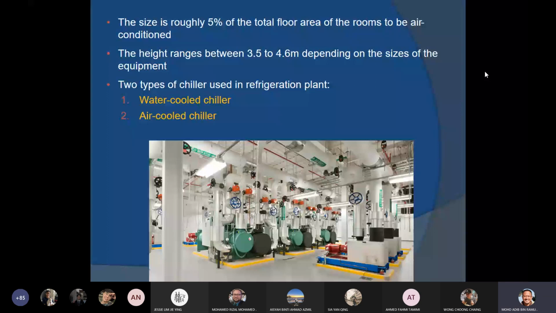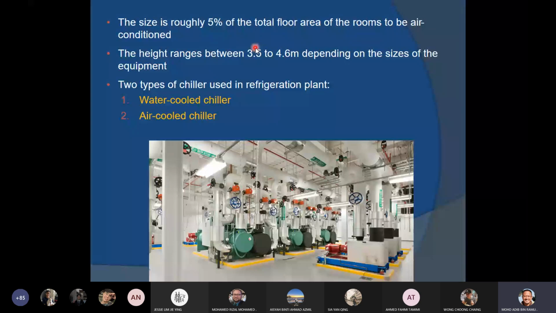Maybe yes, maybe no. But if you need to incorporate a refrigeration plant, a plant room, into your design, the size of the room should be roughly around 5% of the total floor area of the rooms to be air conditioned. But actually the final size is determined by the mechanical M&E engineer, who would know better the exact size required for the plant room.